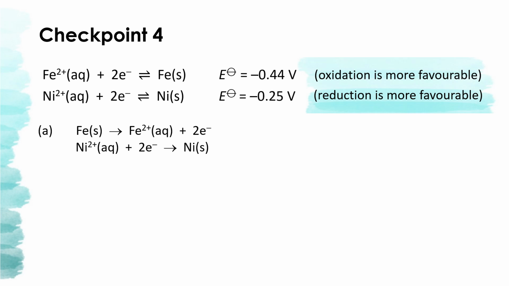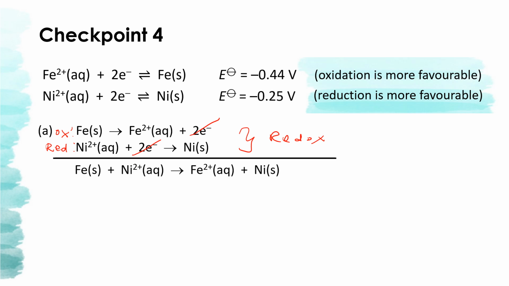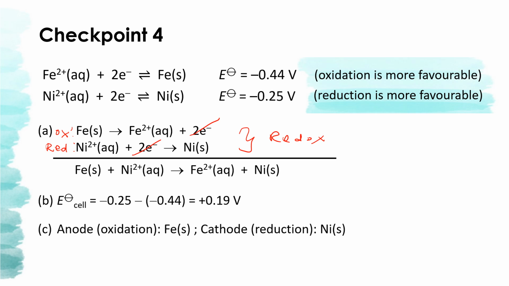This one will be OX. This one will be RED. And together, you should know since Sec 3 and Sec 4, they give you the word called redox. Then the 2 electrons and 2 electrons cancel out, right? You get your overall equation. You can make use of the formula to calculate the voltage of this galvanic cell under standard condition.